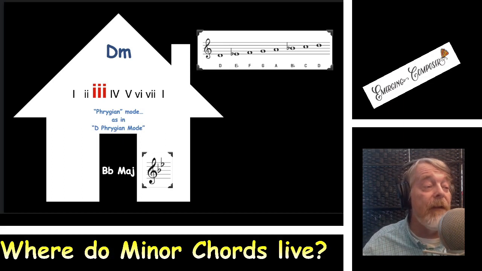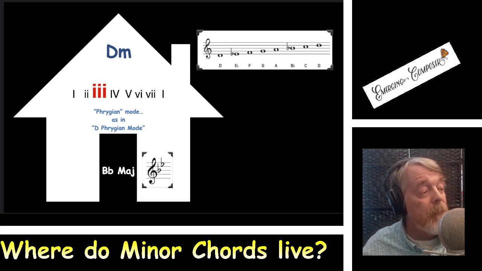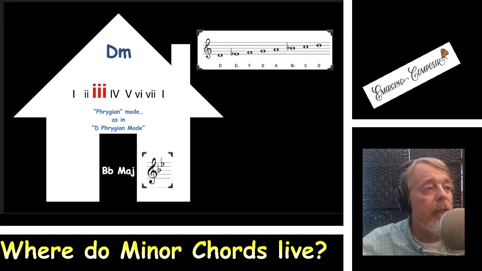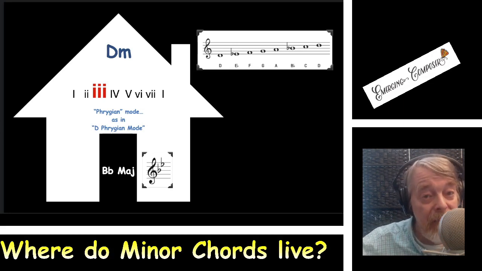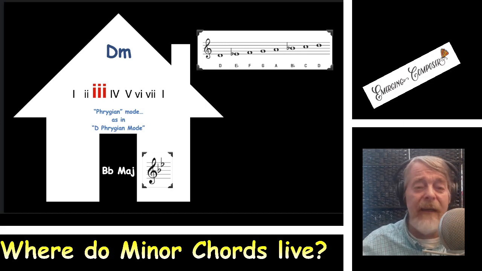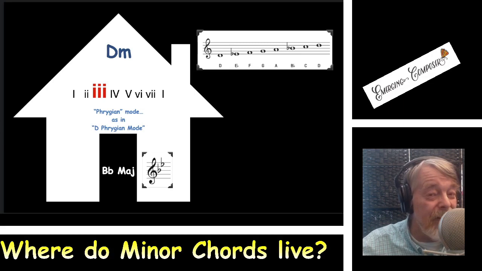So now what we've done is we've altered the natural minor scale by lowering the second degree. E natural now becomes E flat. So that gives a slightly different sound to this version of the D minor scale. D natural minor is this. D Phrygian mode.